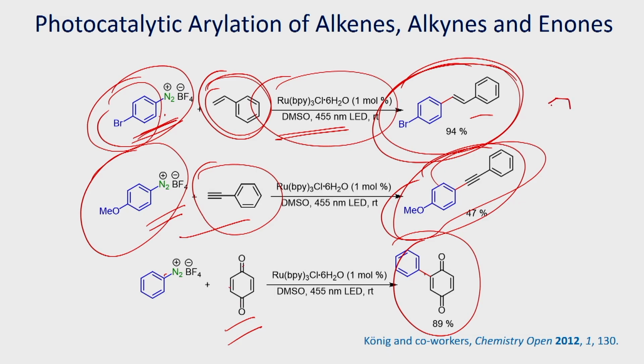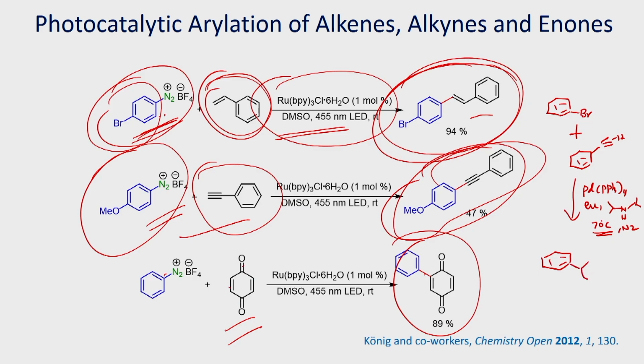If you have the aryl halide, for example aryl bromide, you can try to couple with, say, a terminal alkyne, for example this one, at moderate temperature. This is a very standard condition if you want to couple aryl halide with terminal alkyne.